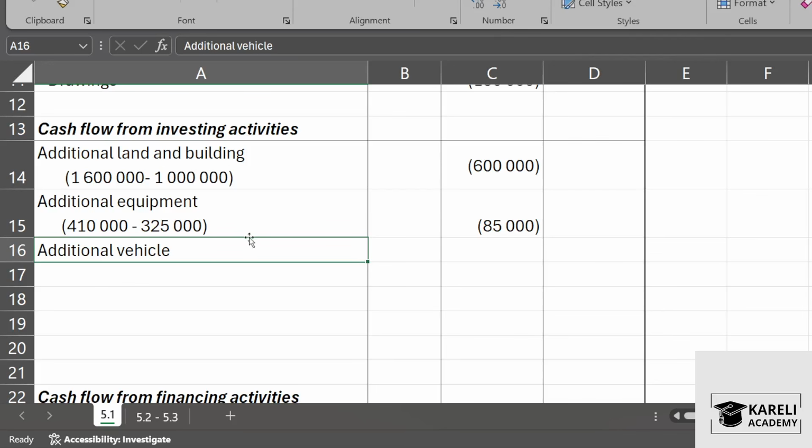And even for vehicle, we are looking for additional vehicles. Now, additional vehicles, let us check from the question paper.